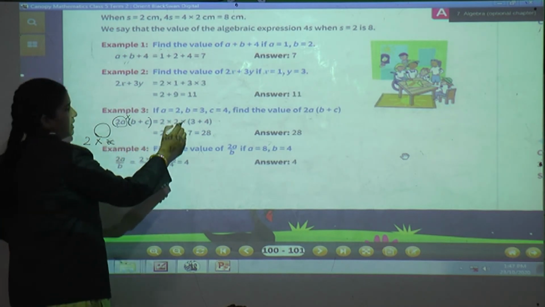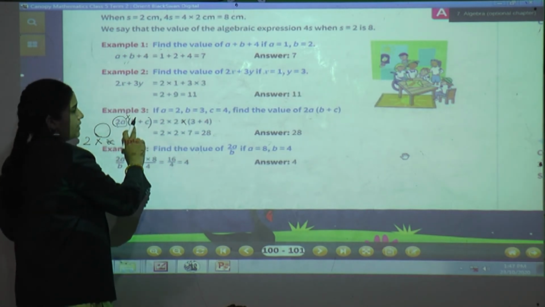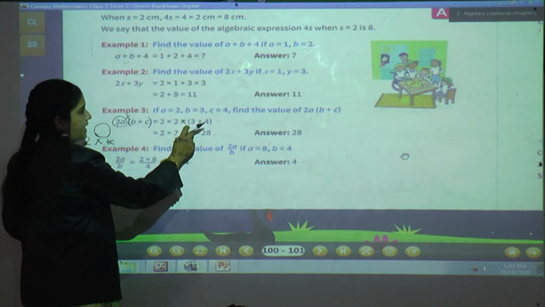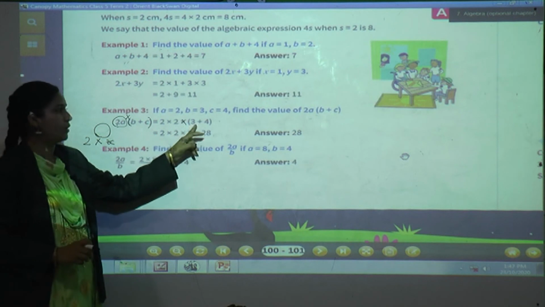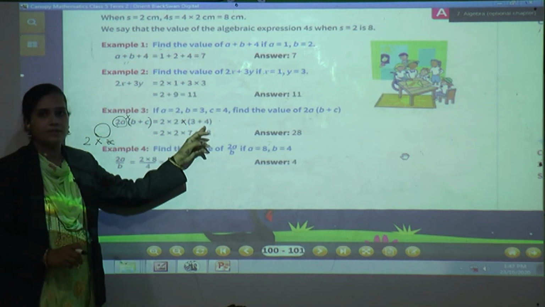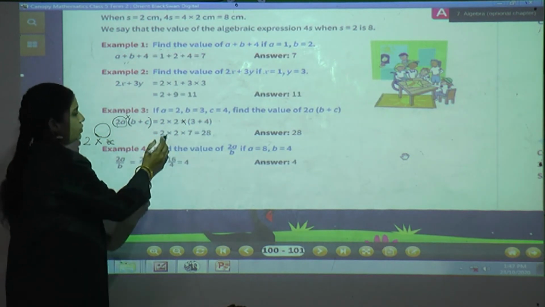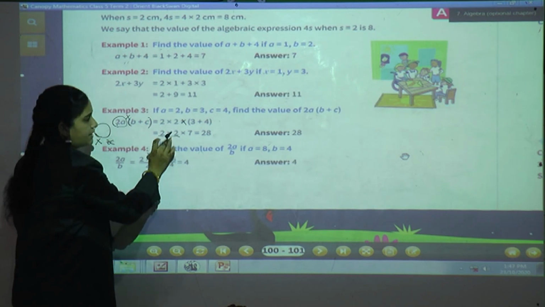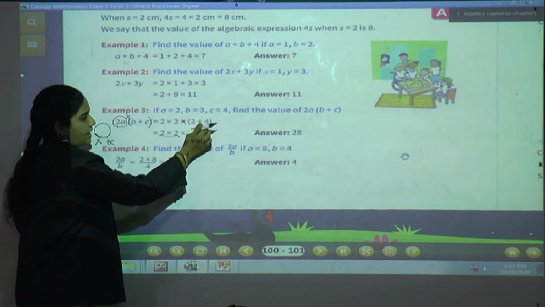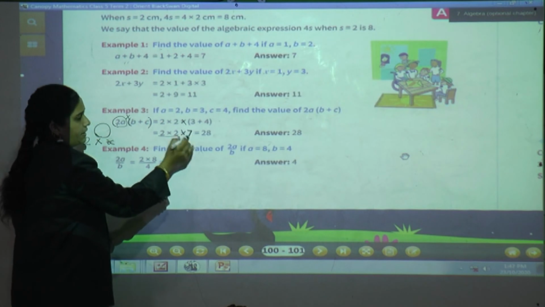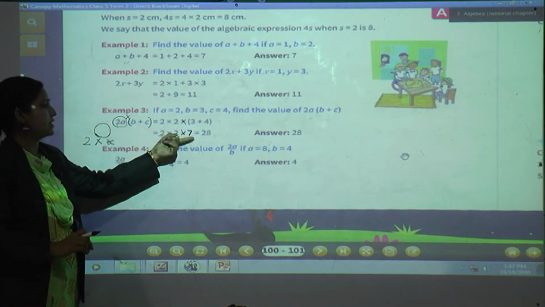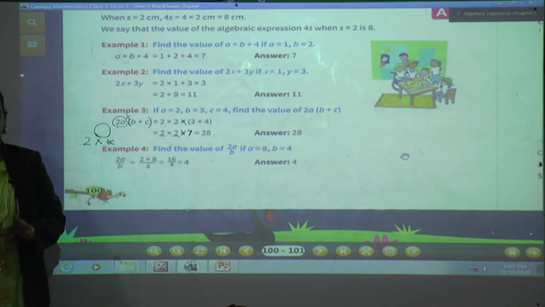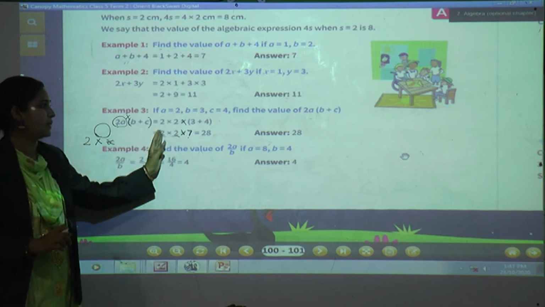So write here multiply and put the value in the expression. b is 3 and c is 4. So as per the rule, first what we solve, students? Bracket. So keep 2 multiply 2 as it is and solve this addition. So multiply by 7. Now here first we solve the multiplication. 7 multiplied by 2 is 14, and 14 multiplied by 2 is equal to 28.